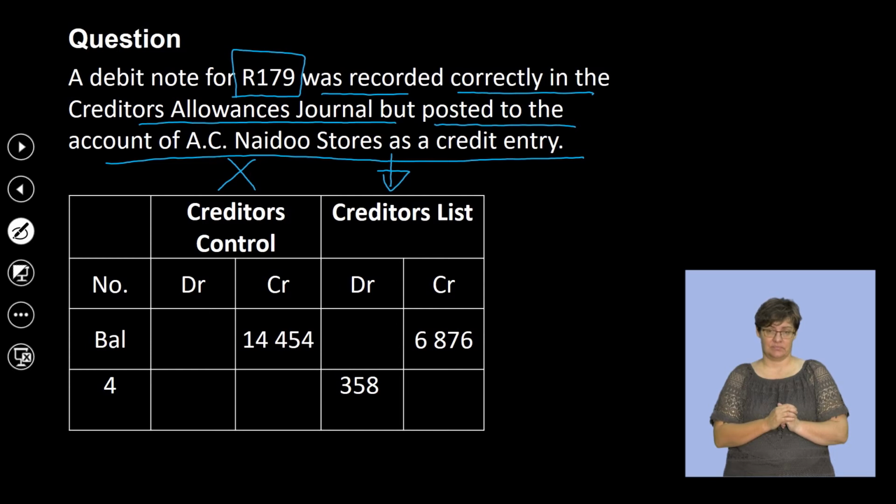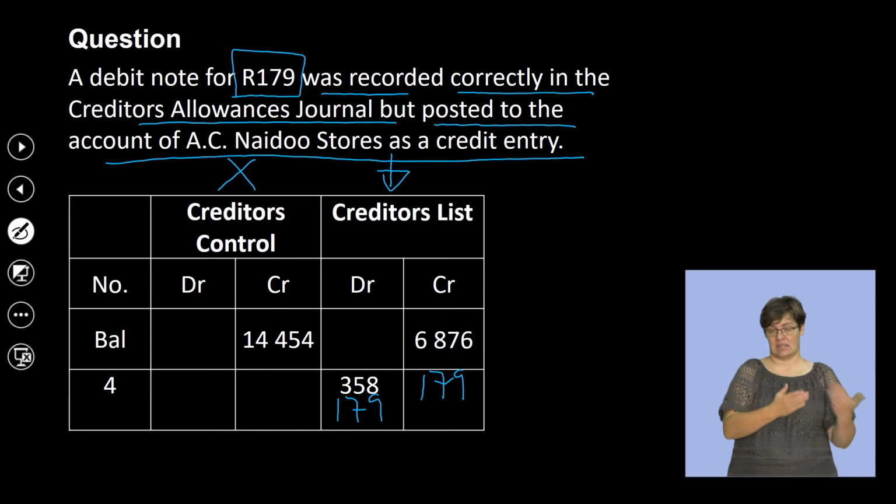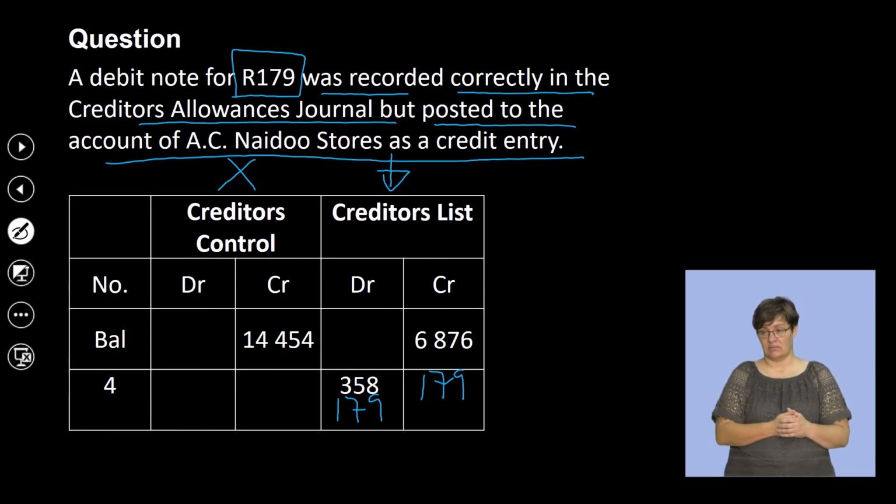Now watch this here. If you only put in the 179, you're basically going to just cancel out the 179 if you only enter 179 on the debit side. This is an explanation, guys, so watch. These entries that I'm putting in are merely explanations to you.